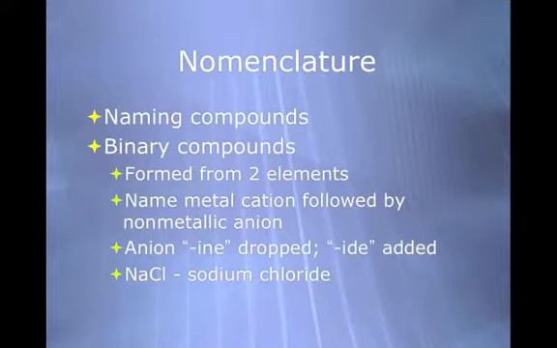If you look on your ion chart, all the cations' names are the same as their element name. But then you would follow that by the nonmetallic anion. And in the anion, you'll notice on your ion chart, the INE ending has been dropped and an IDE ending has been added. So like NaCl is sodium chloride, not sodium chlorine.